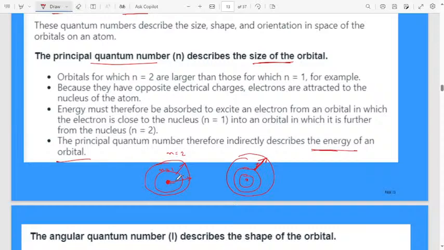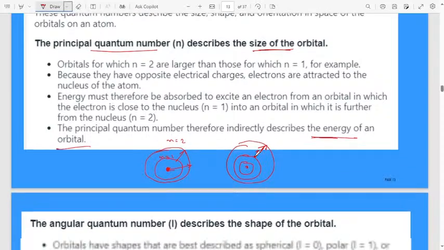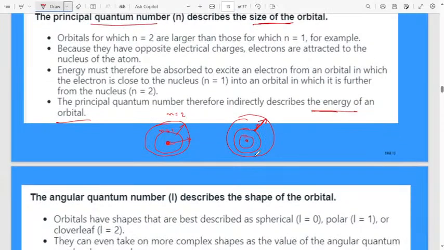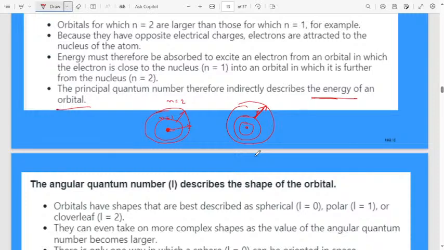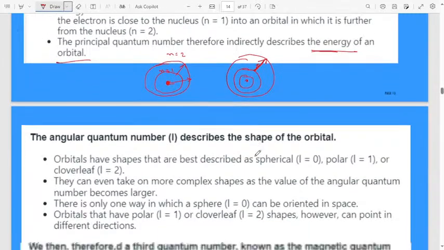When the number of orbits increases, the size of the atom also increases. Therefore the principal quantum number describes the size of the orbital based on the energy levels. That is also very important, you have to remember.